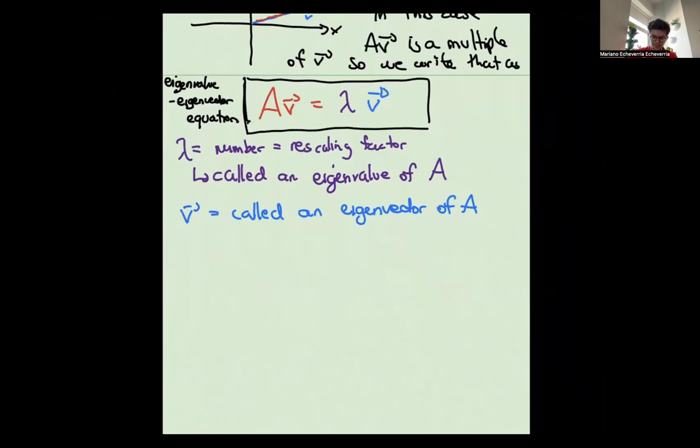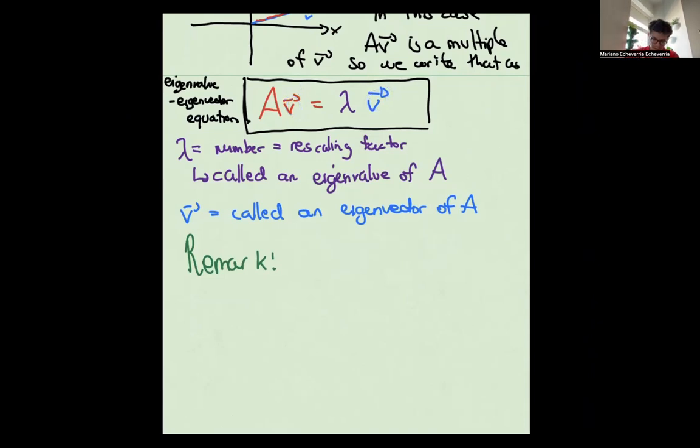Oh, by the way, just as a remark, for these eigenvectors that we're going to find, the only interesting case is when the eigenvector has to be different from the zero vector. If you put the zero vector here, A times the zero vector is always the zero vector, so that's not interesting, right?